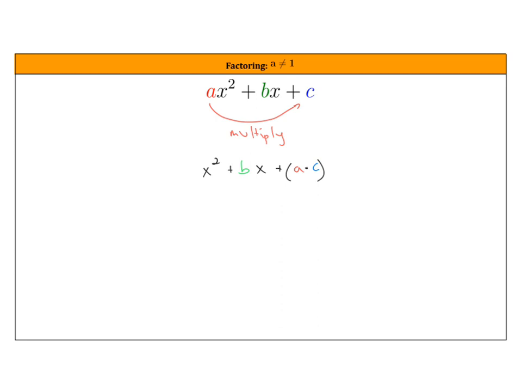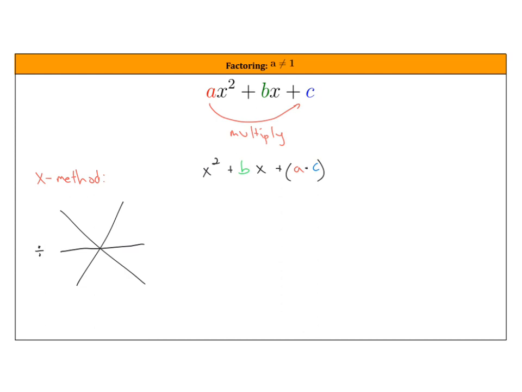So from here, we're going to go ahead and, like I said, we will use that x method or the magic x. It's just slightly different this time. I'm going to go ahead and draw that x out. But here's what I'm going to add. I'm going to add in a horizontal line. This horizontal line is telling me to divide. What am I going to divide? I will let you know in just a moment.